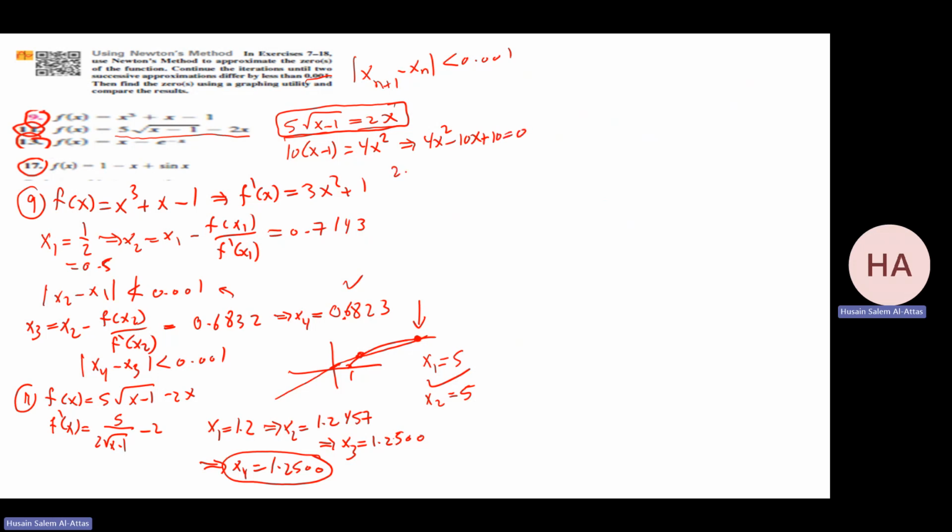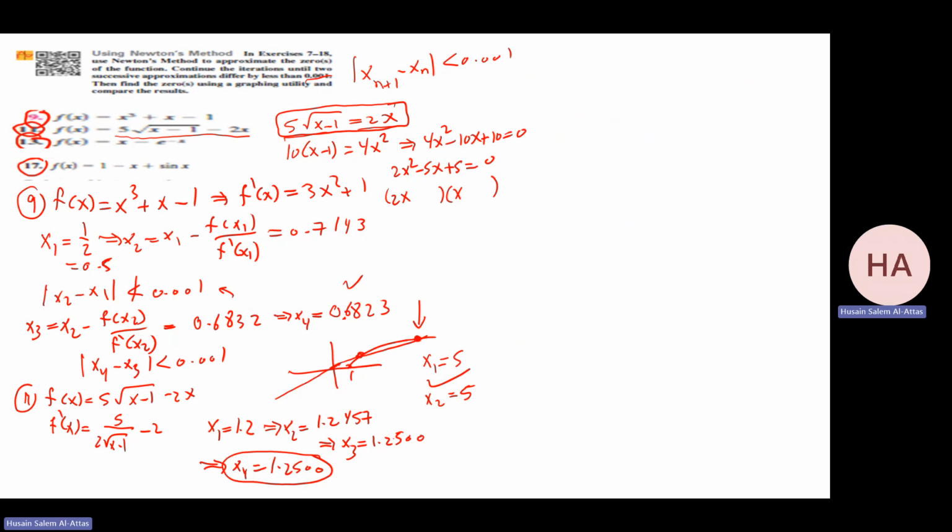In other words, 2x squared minus 5x plus 5 equals 0, which is what? 2x, x, minus 5/4. I have 5 and 5/4.